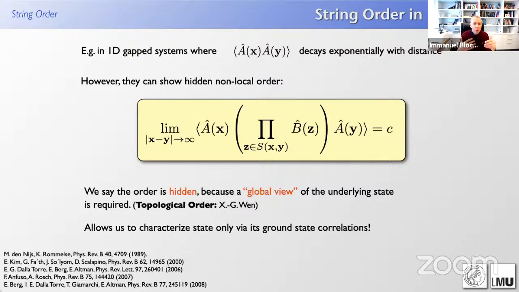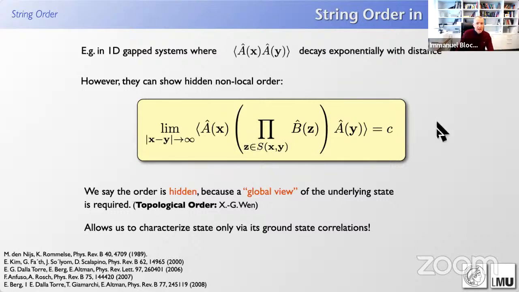So this is different from a local order parameter, because now it's not sufficient to know what's happening at x or at y. You need to know what's happening everywhere in the system. So you really need a global microscopic view on your many-body state to be able to evaluate this correlation function.